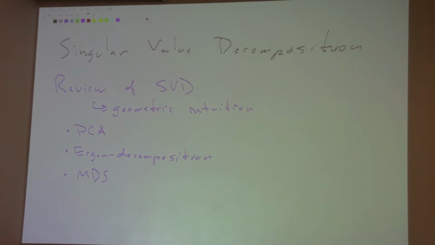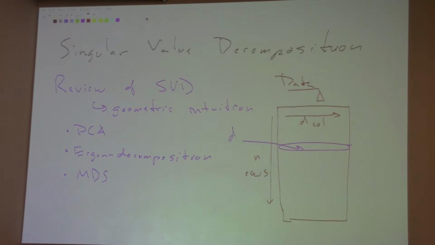Okay, so what we're going to be thinking about is our data. Our data is going to be a matrix. I'll write this matrix as A here, and it's going to have D columns and N rows.